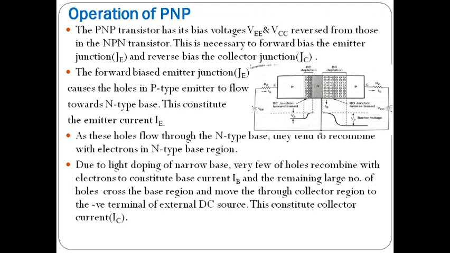Now due to the forward bias of the emitter junction, what happens? The majority charge carriers in the p-type emitter region, holes, cross the emitter junction. Some of the holes will recombine with the few electrons in the n-type base region, then the remaining holes will reach the collector region and the collector holes are attracted towards the negative terminal of the battery.